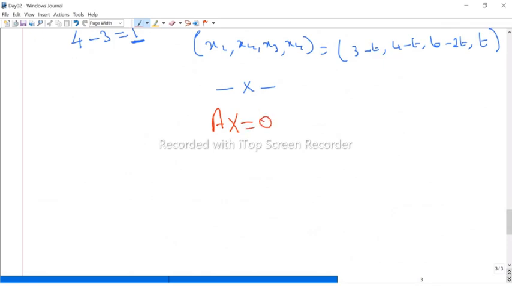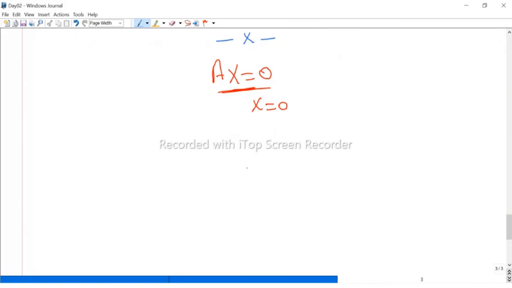Can you say one solution for this? We already said that x equal to 0 is always a trivial solution. But how many solutions exist for this homogeneous system? That is a theorem. The theorem says, if the number of unknowns is more than the number of equations, then it has infinitely many solutions.